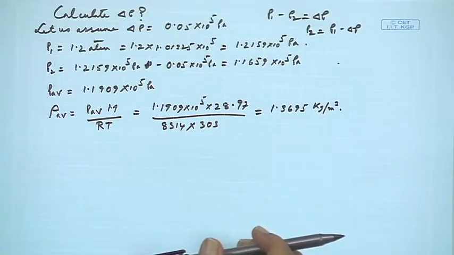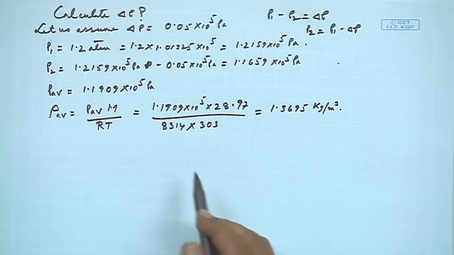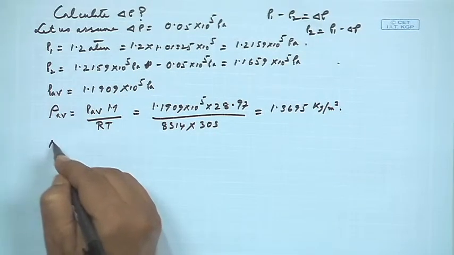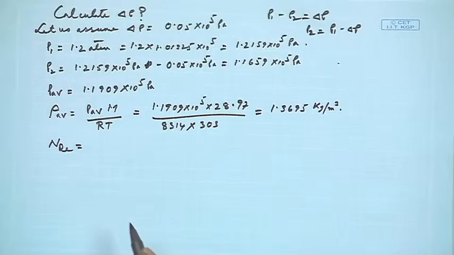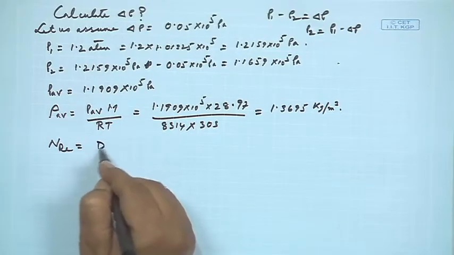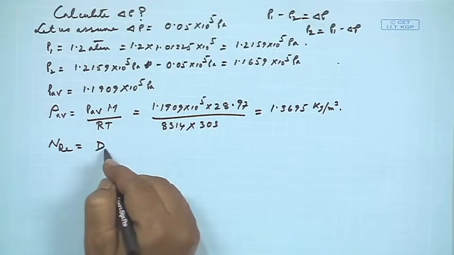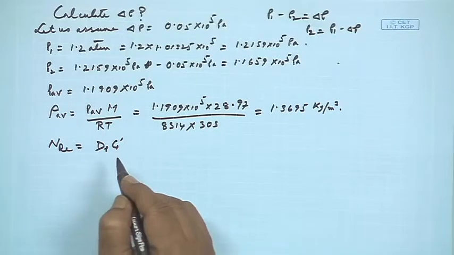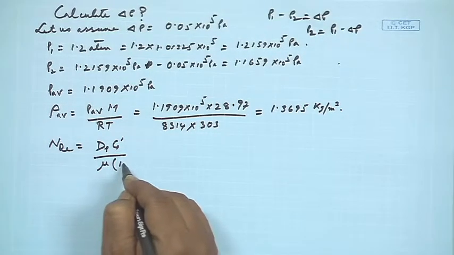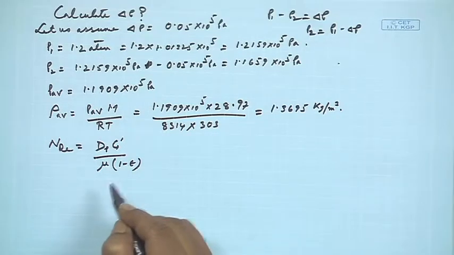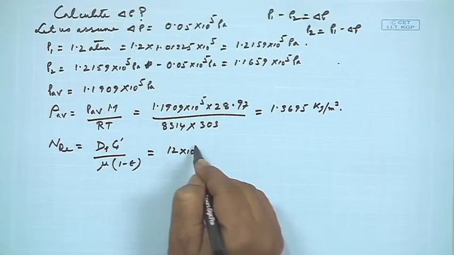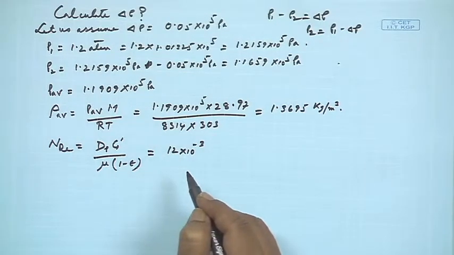And now we can say that NRe is equal to D particle G prime by mu into 1 minus epsilon, right? So D particle was 12 millimeter, 12 into 10 to the minus 3 meter, right?